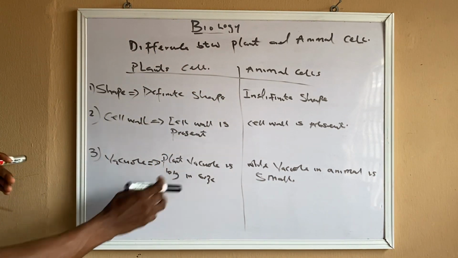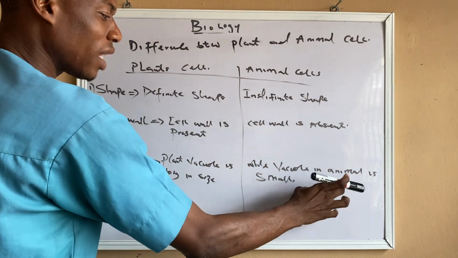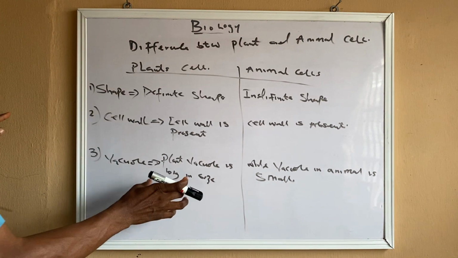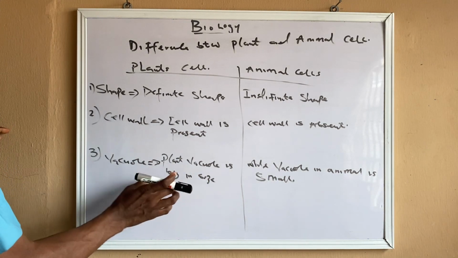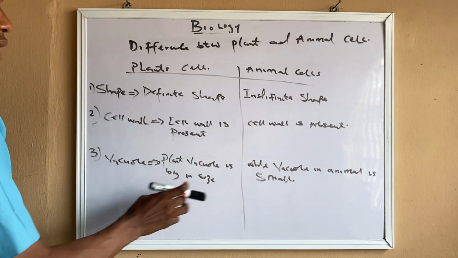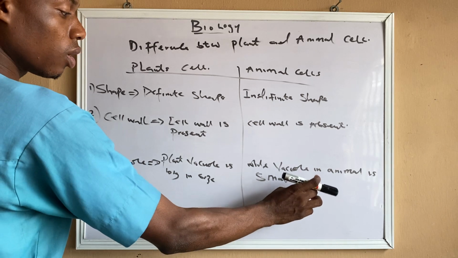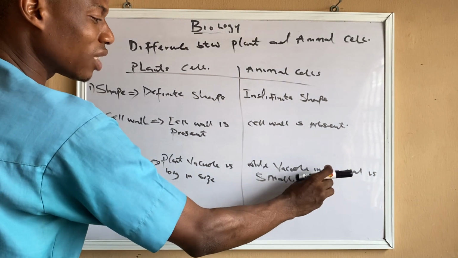The vacuole in plant is very big, but the vacuole in animal is very small. And that's the reason why the vacuole of a plant is filled with water and other materials, and the vacuole of an animal is filled with a very tiny amount of water.